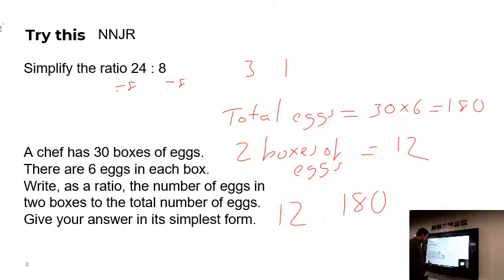Okay, so we could divide both sides by 6. So 12 divided by 6 is 2, and 180 divided by 6 is 30. And we can continue to simplify this. So we divide each side by 2, so it'll be 1 to 15.